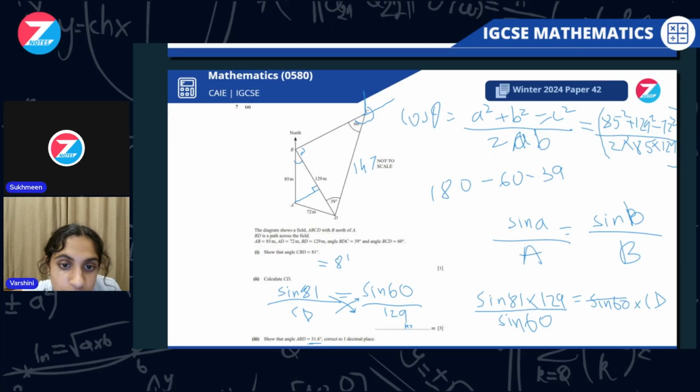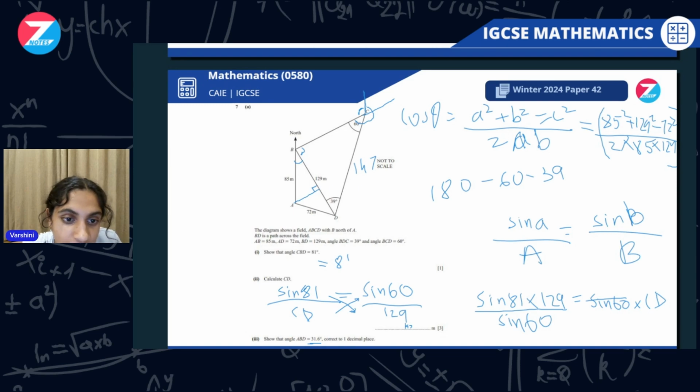We know that this whole circle is 180, and we know that this much is 60. We just need to find this angle and subtract it from 360 to find this angle.